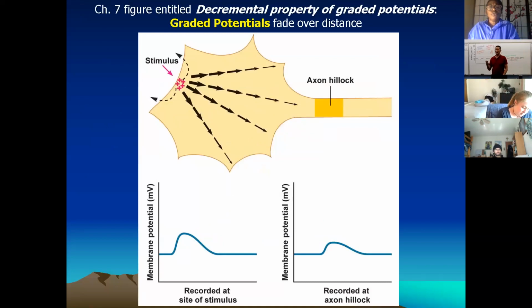For multipolar neurons, the axon hillock is the key. This threshold is all about the axon hillock. It's got to be minus 55 at the axon hillock for multipolar neurons.